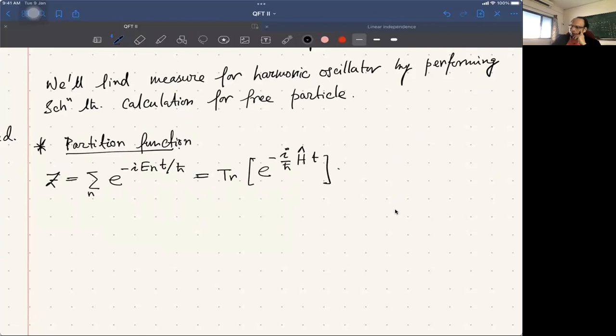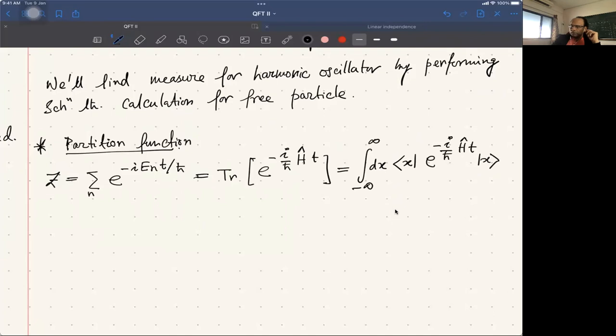If you use the position basis, then the same can be written as the integral from minus infinity to plus infinity dx of x e to the power minus i over h bar H t x.